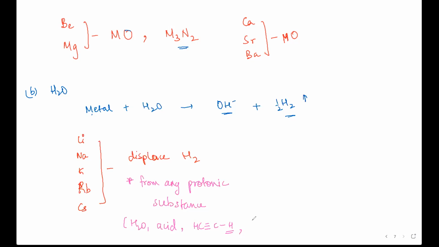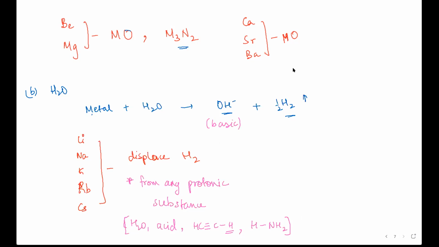So even though ammonia generally is basic because of the lone pair on nitrogen, these metals are so electropositive and so reactive that they are capable of releasing the hydrogen from ammonia. Okay, and coming back to water, specifically with water, they form hydroxides, which are, of course, basic in nature.